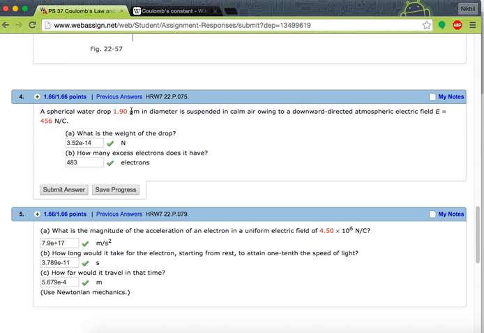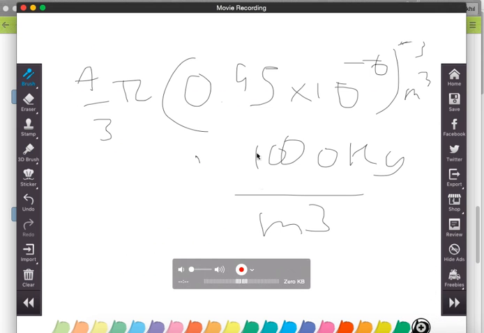Now we can multiply this by 1,000 kg per meter cubed, because this is the density. Oh wow, sorry, my bad. I wasn't on that screen. Anyway, so 4/3 pi radius cubed, that's in meters cubed. And we can multiply by the density of water, which is 1,000 kg per meter cubed.